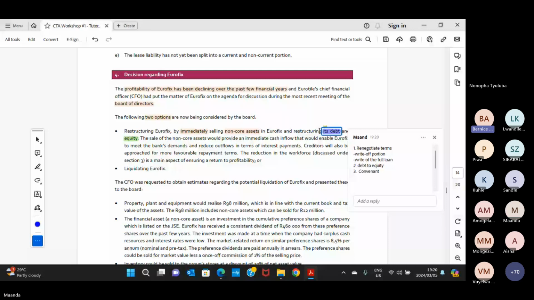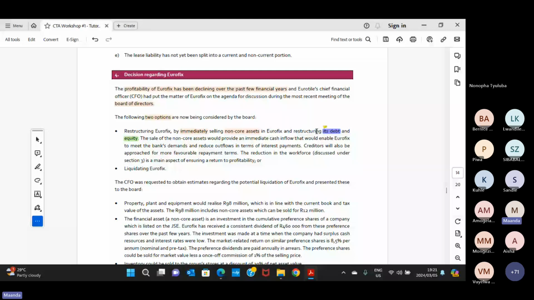Since the company has core and non-core assets, and I can see that they have debt with a bank and also other creditors, is it possible to think that instead of paying in cash, we can pay in specie, with an asset? In other words, can I say, can I give you this building to pay the bank? Can I think that way, or will I go off track in restructuring debt?